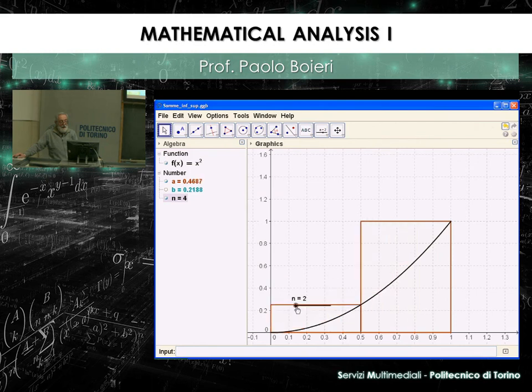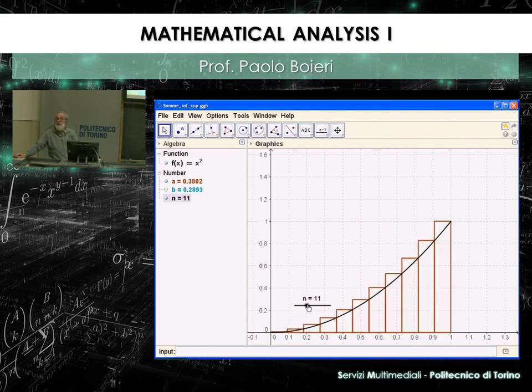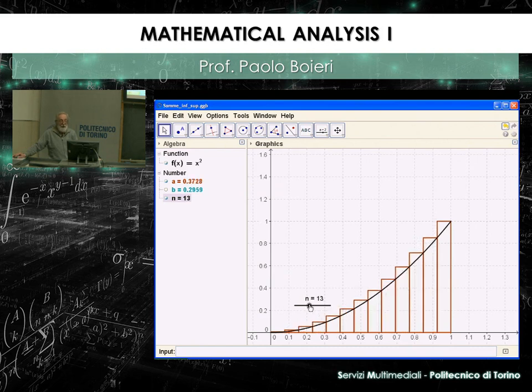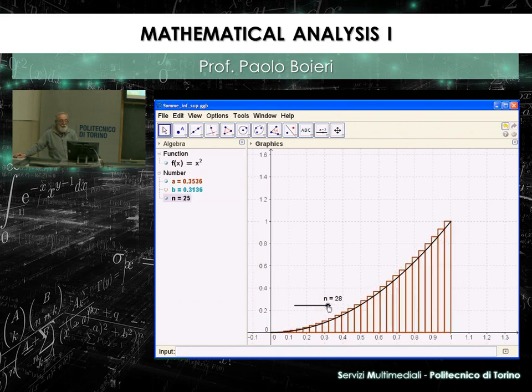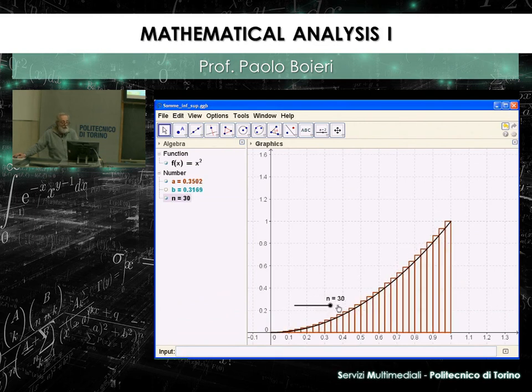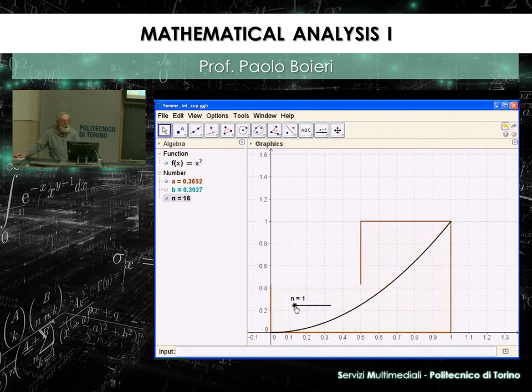If I divide in 3 parts, 4, 5, and so on, you see that the approximation from above becomes better and better. Okay, now my region is always included in these rectangles, okay? And then a good approximation for the area I want is the sum of the areas of the rectangles, okay?